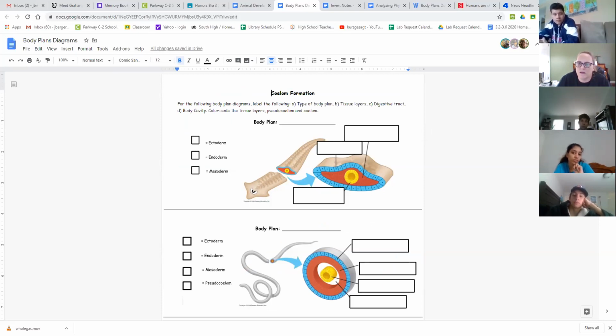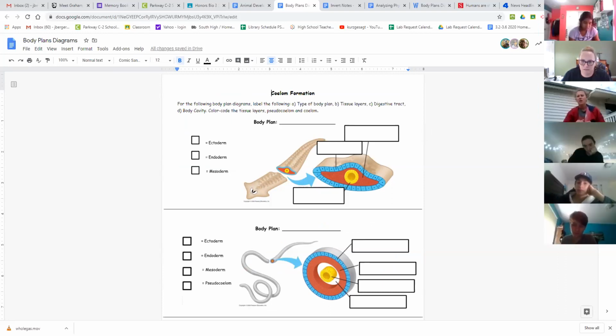Is everybody okay with that? Yes, Mrs. Berger. Does anybody have any questions, comments, admirations? If we print it out, we don't have to color it, right? Right, we're not going to color. Unless you want to for your studying purposes.